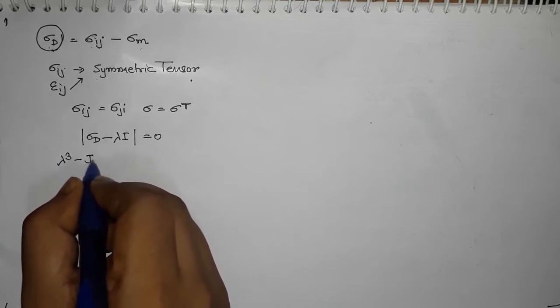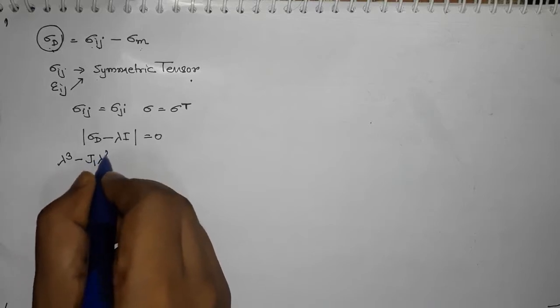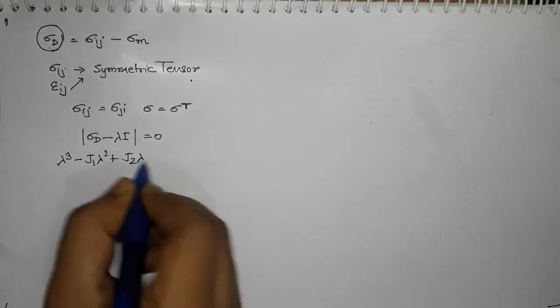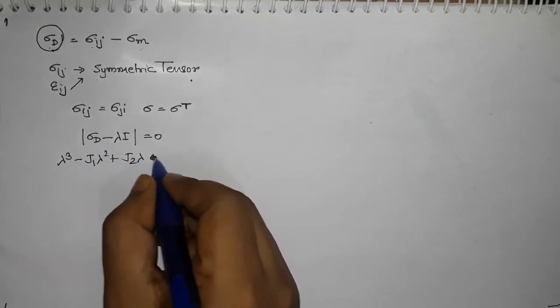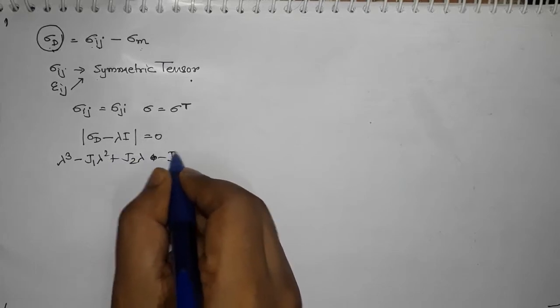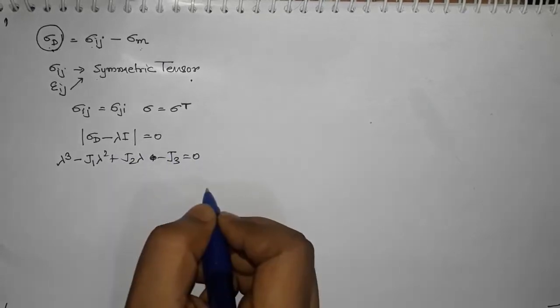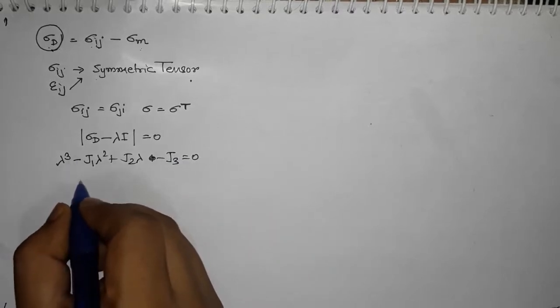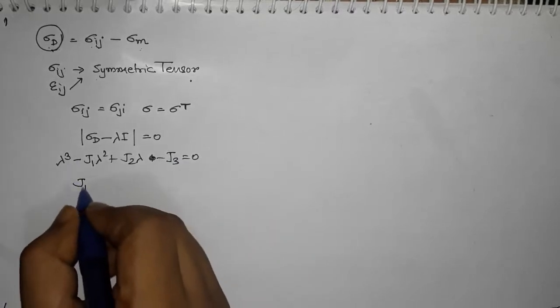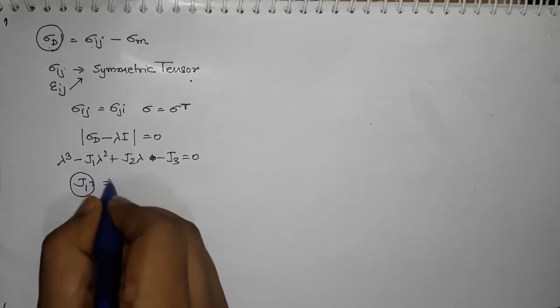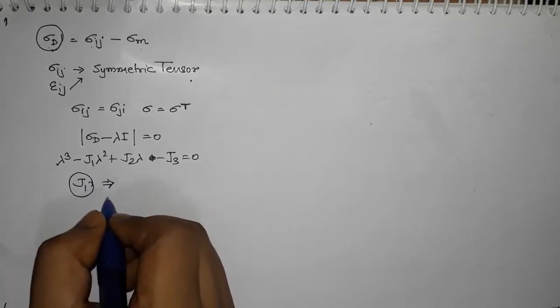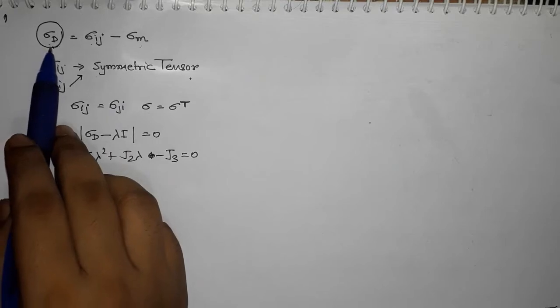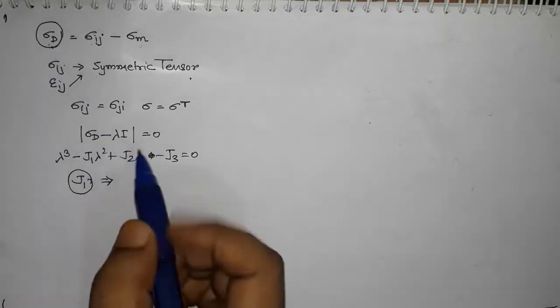So this will be lambda cubed minus J1 lambda squared plus J2 lambda minus J3 equals 0, right? J1 you have already tried in your assignment, in your attempt to prove that this tensor does not have any normal stress.